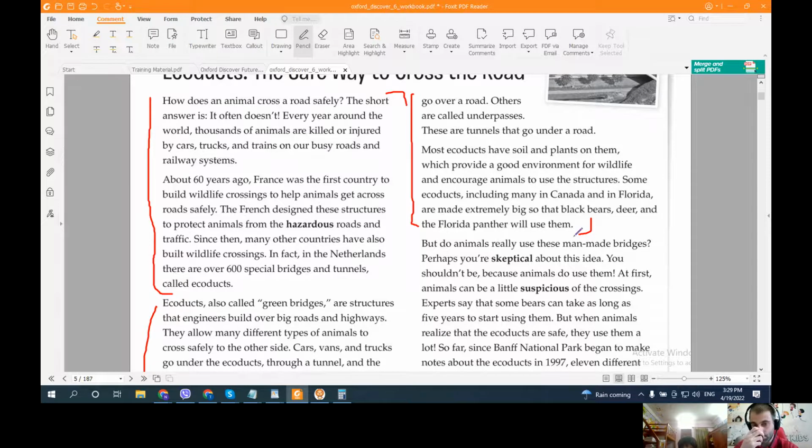Most aqueducts have soil and plants on them, which provide a good environment for wildlife and encourage animals to use the structures. Some aqueducts, including many in Canada and in Florida, are made extremely big so that black bears, deer, and the Florida panther will use them.